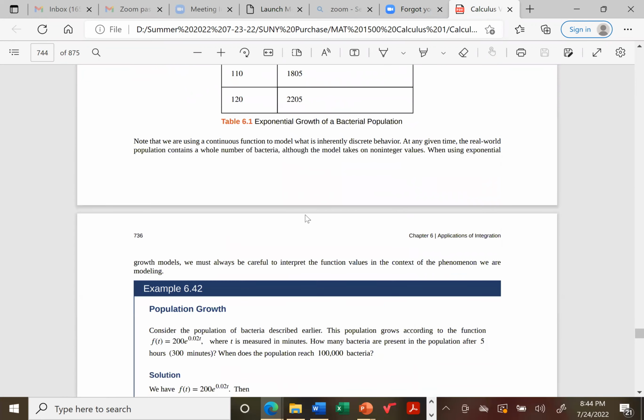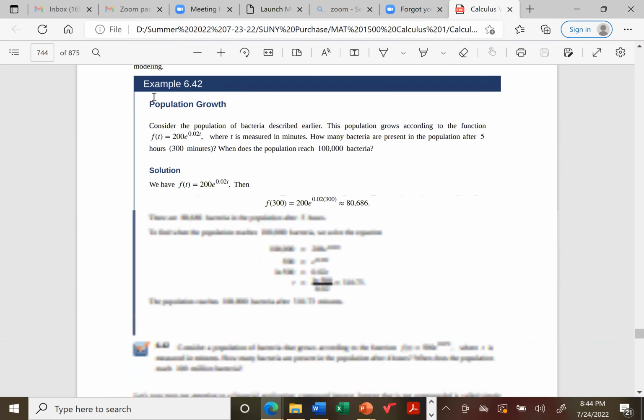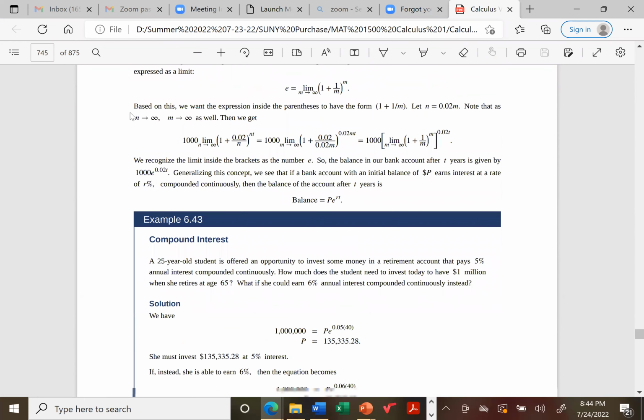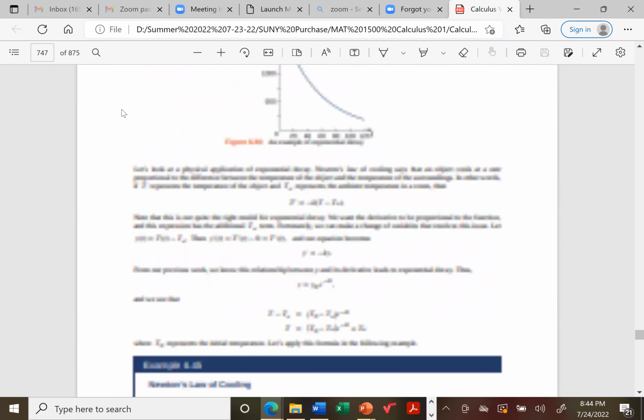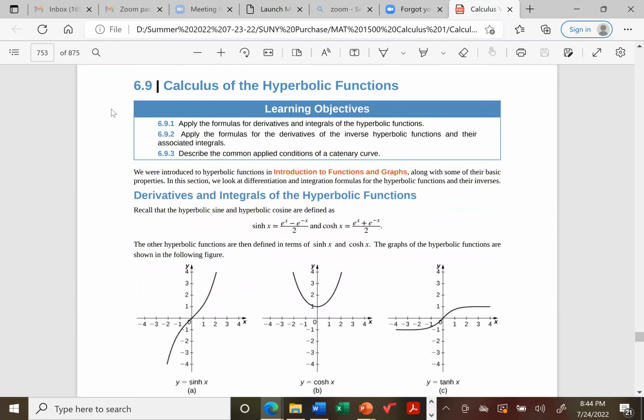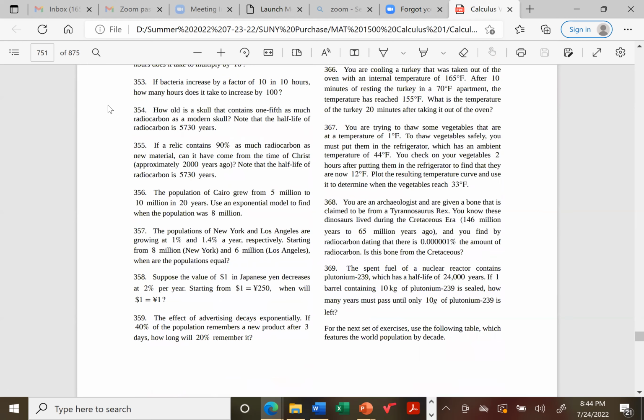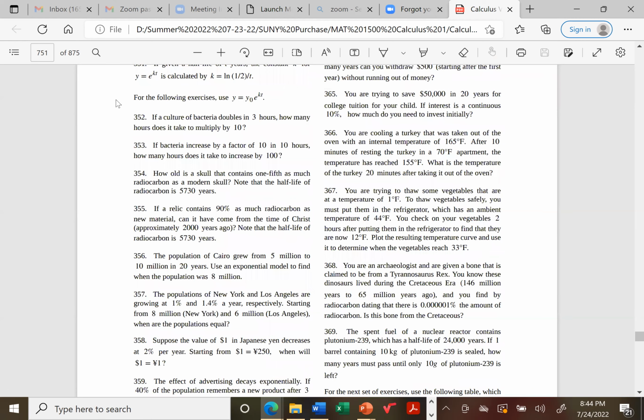So, all right, I need page 743. Should be right down here. Number 352, there it is.